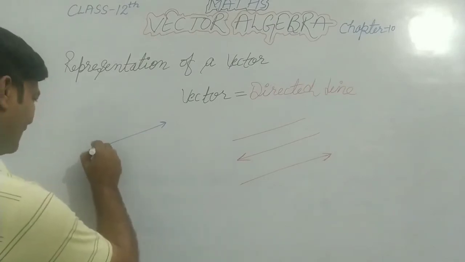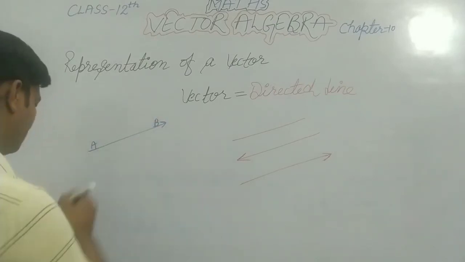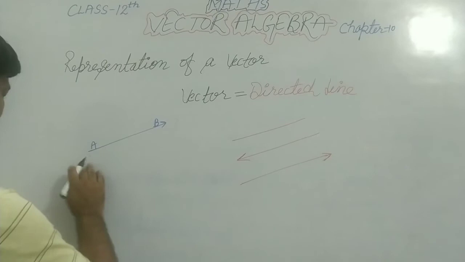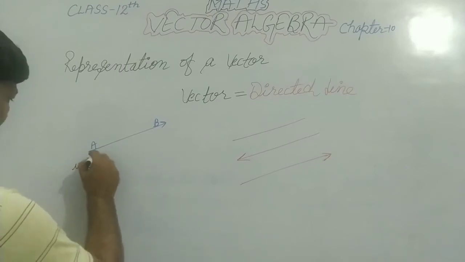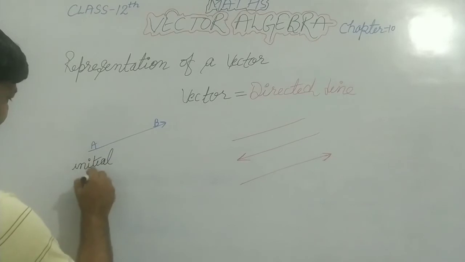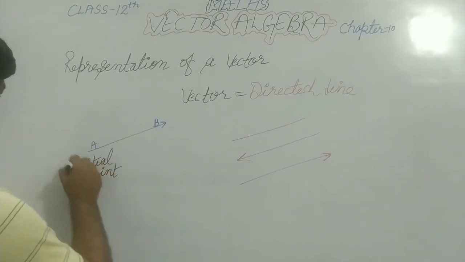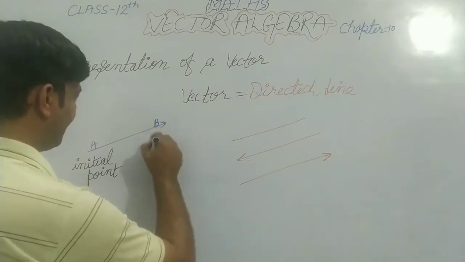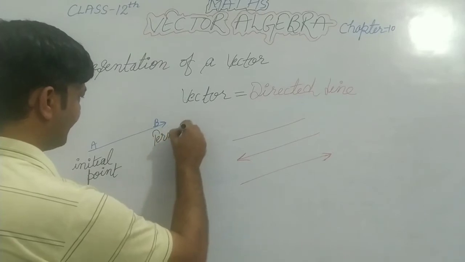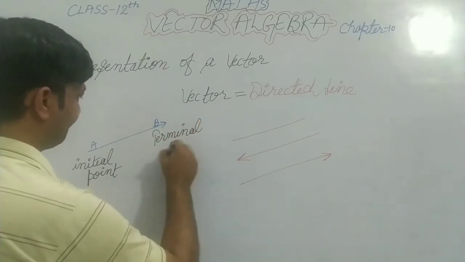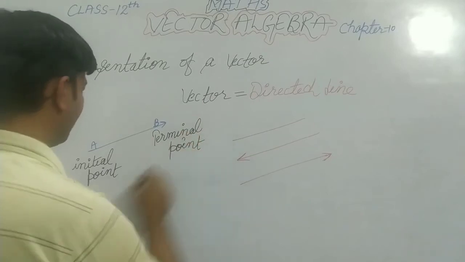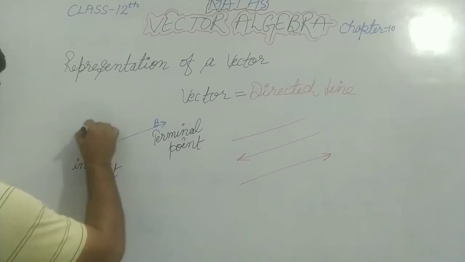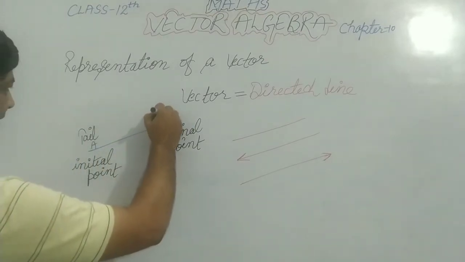First is A, B, and A is known as the initial point. B is the terminal point. In other words, we can say A is the tail, while B is the head.